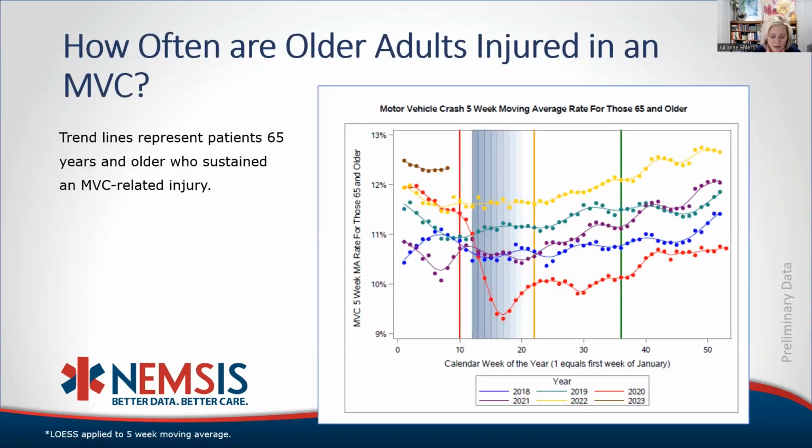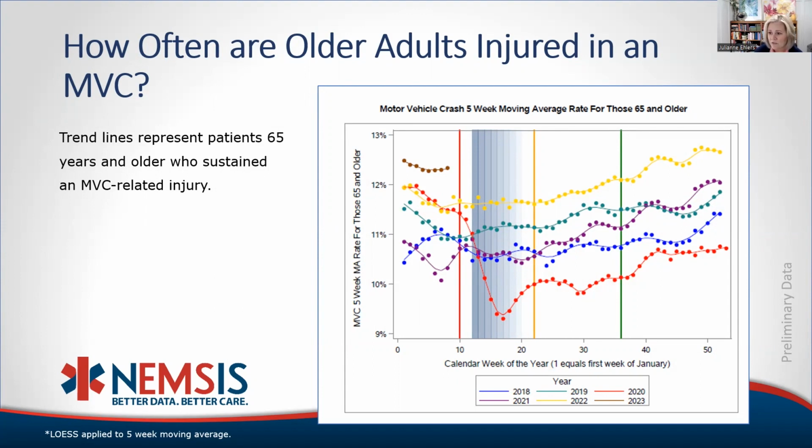Older adults, you can stratify your data based on age groups. You can do this for pediatrics, for different age categories. You can look at this in older adults, and older adults for the purposes of this trend is 65 years and older.